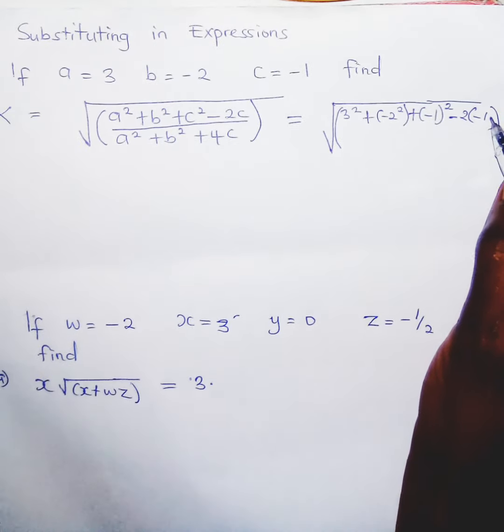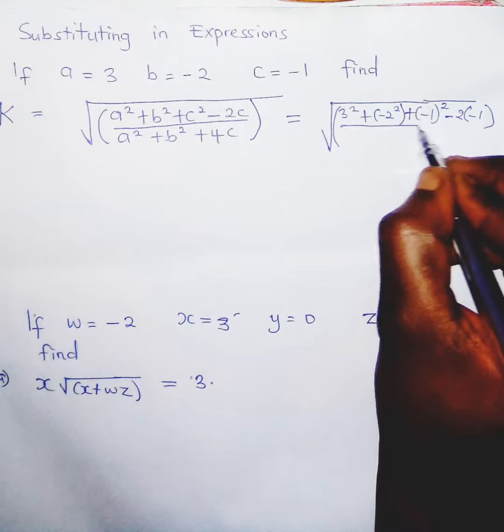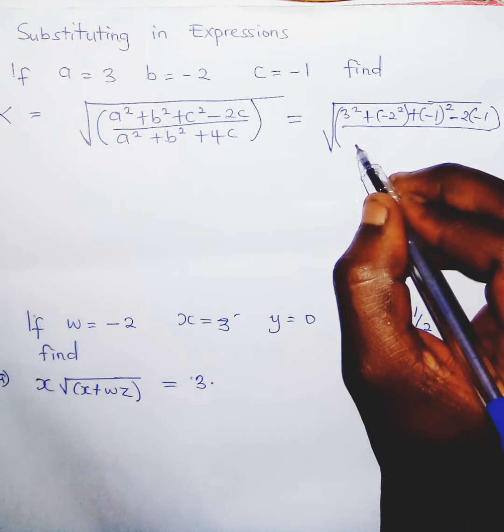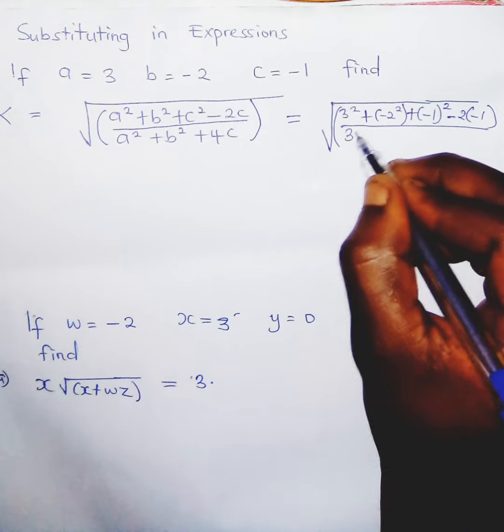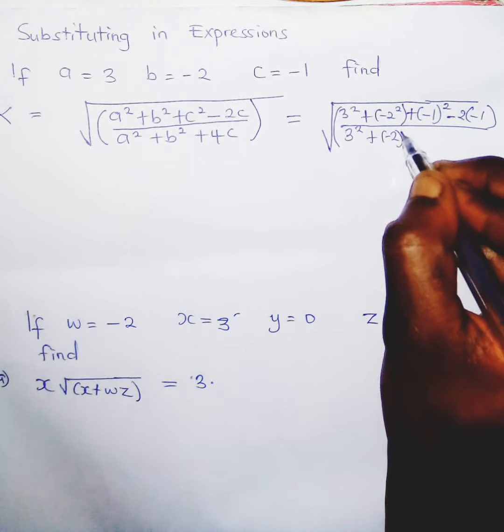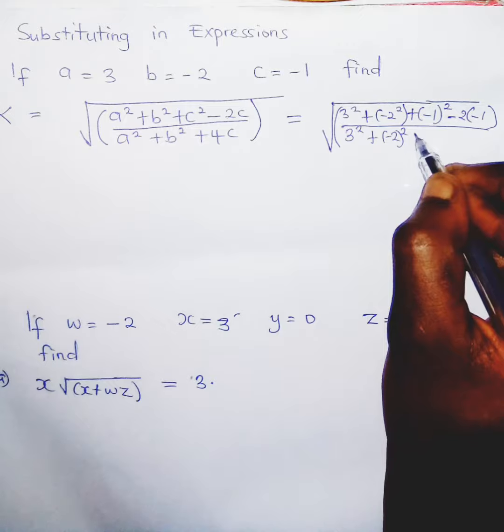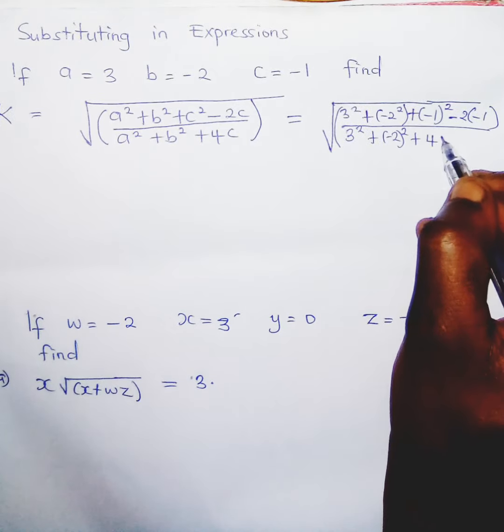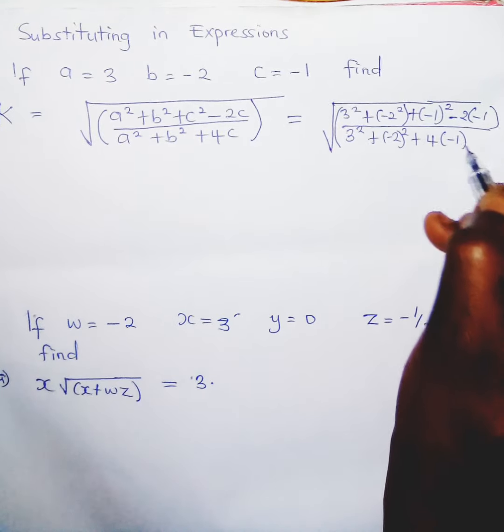So we draw our line, and this will be 3 square plus minus 2 square plus 4 times minus 1.